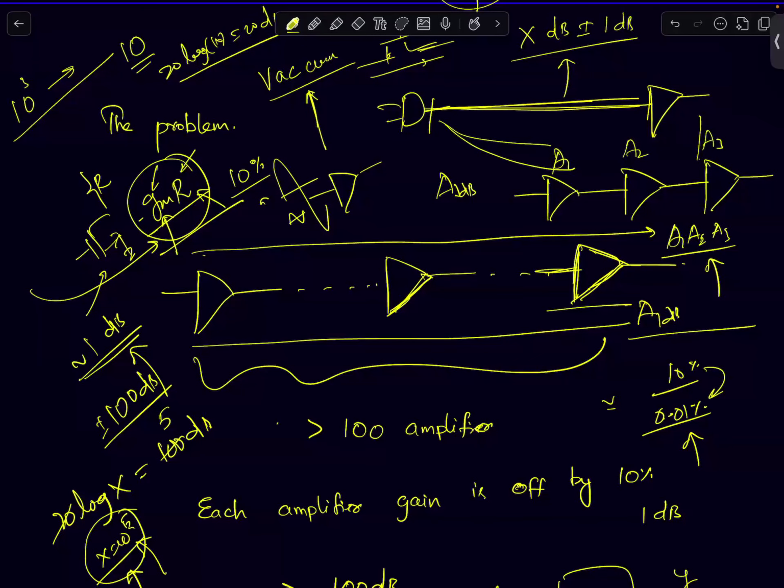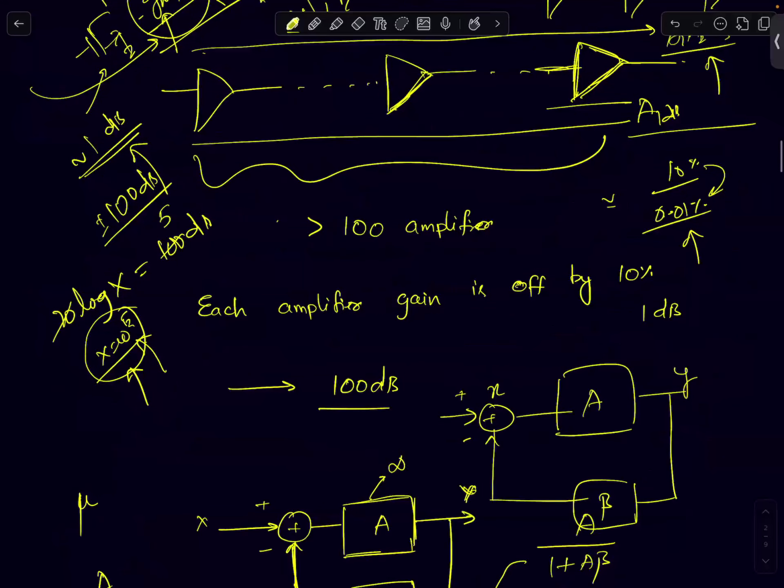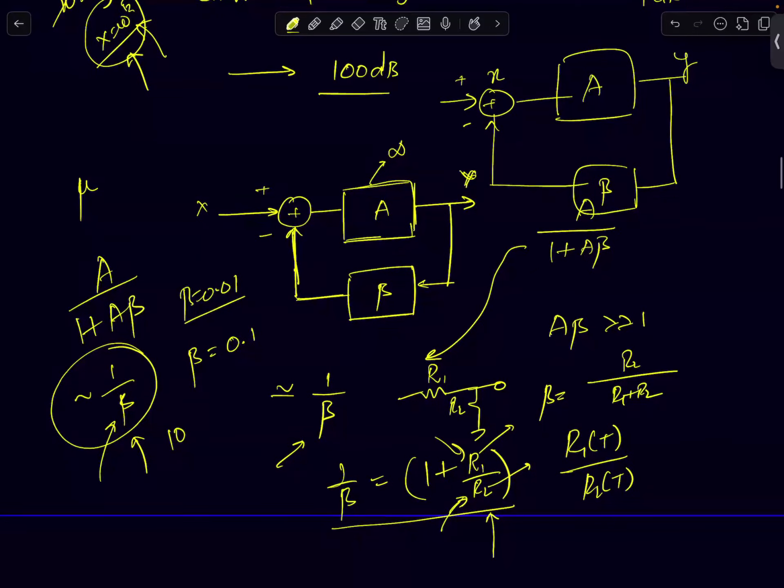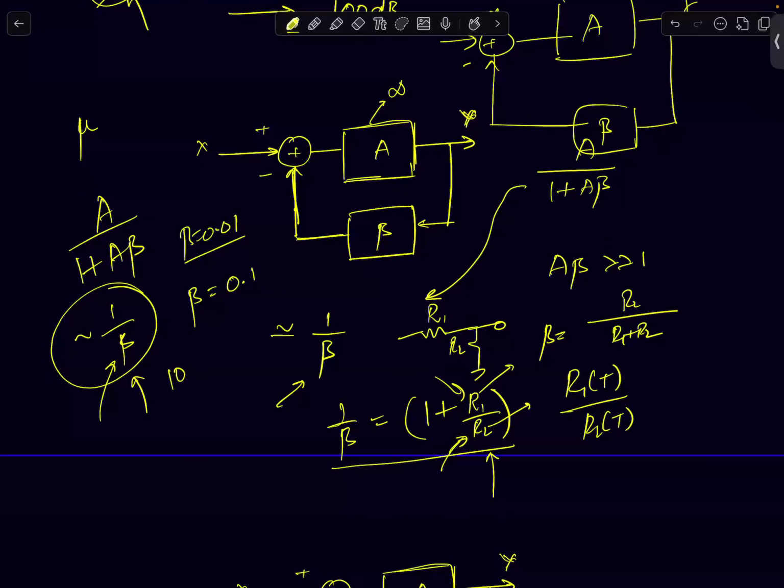Instead, he built an amplifier and suddenly saw that I can get a gain where the gain depends upon the ratio of two resistors, two very similar devices. As they age, they both will age together. If there are any temperature variations, both resistors will have similar variations. Therefore, the variations in the gain now become much lower. That was his idea.